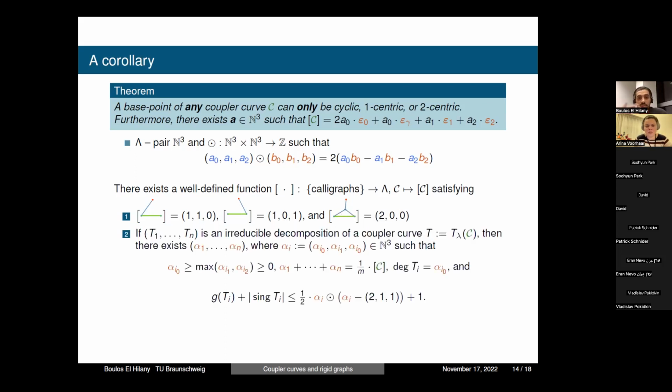And there are some properties on the curves, which I'm not going to go through in detail, but also that if a minimal rigid graph has a nice splitting AB, like we've seen before, then the number of realizations of G is this class product of A and the corresponding B, and this product looks like this. Okay, this is the corollary of our theorem.